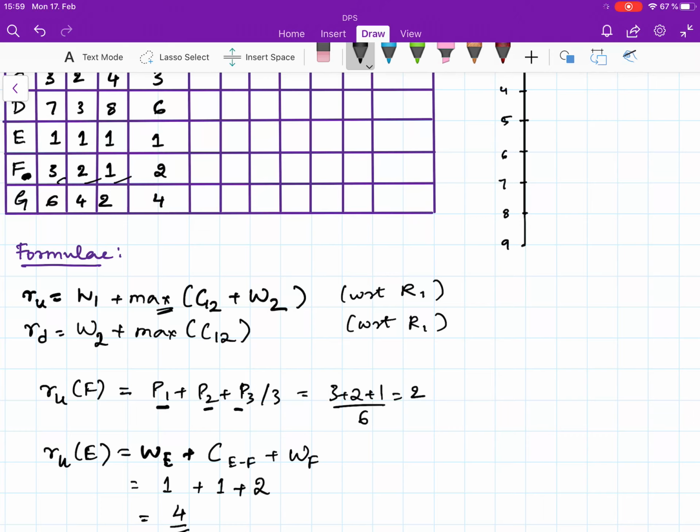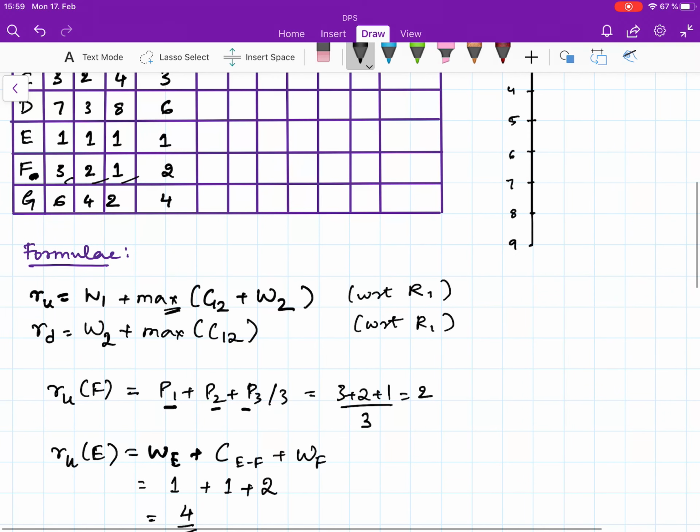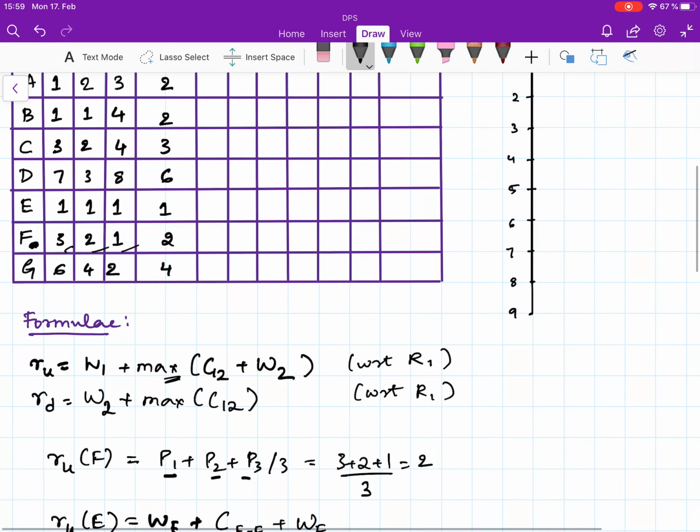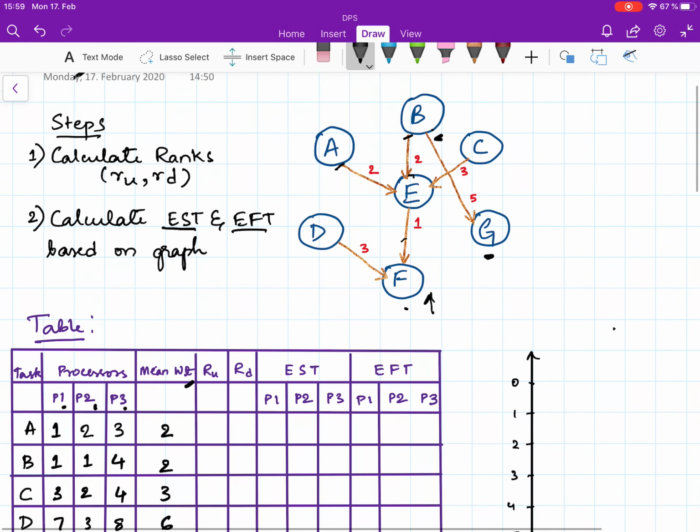So 3 plus 1 plus 2 by 3. I'm sorry, it's 3, my mistake. So it'll basically get 2. I hope you understood that. And let us go for the next task.